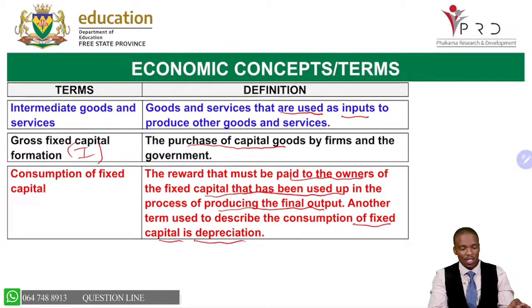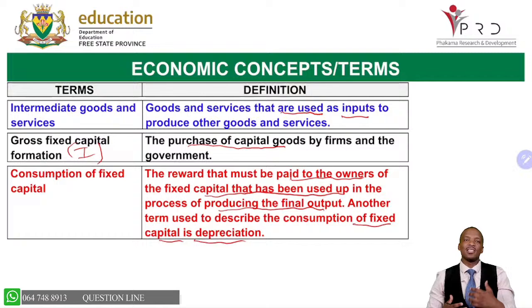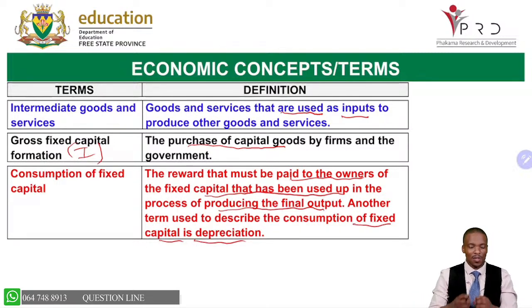It is the depreciation when this equipment that we're using as an intermediate good keeps on depreciating. At the end of the day, that is called consumption of fixed capital. And in accounting, we know that depreciation is the loss of value of assets. But those assets are not just idling there. They have been used to produce other goods and services. So that reward must be paid to those who own this fixed capital.